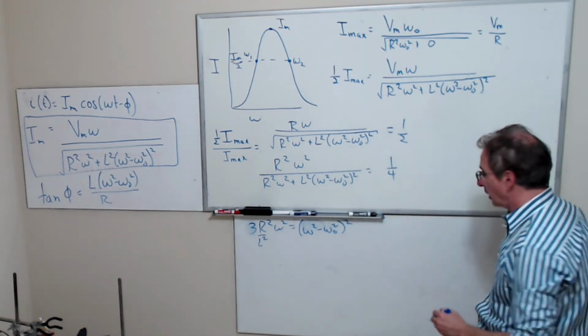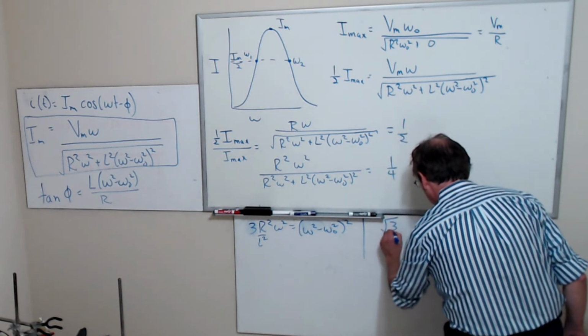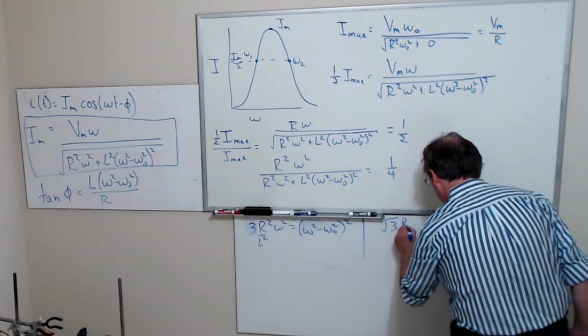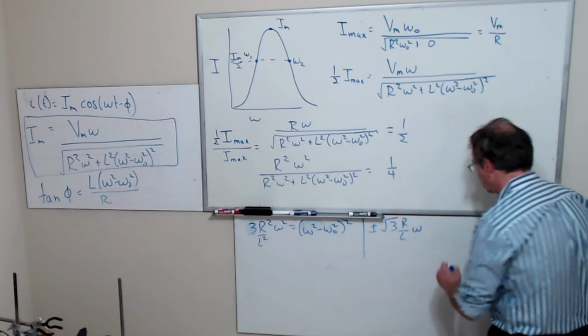Then I'm going to take the square root of both sides. And of course, when you take the square root, there are always 2 solutions.